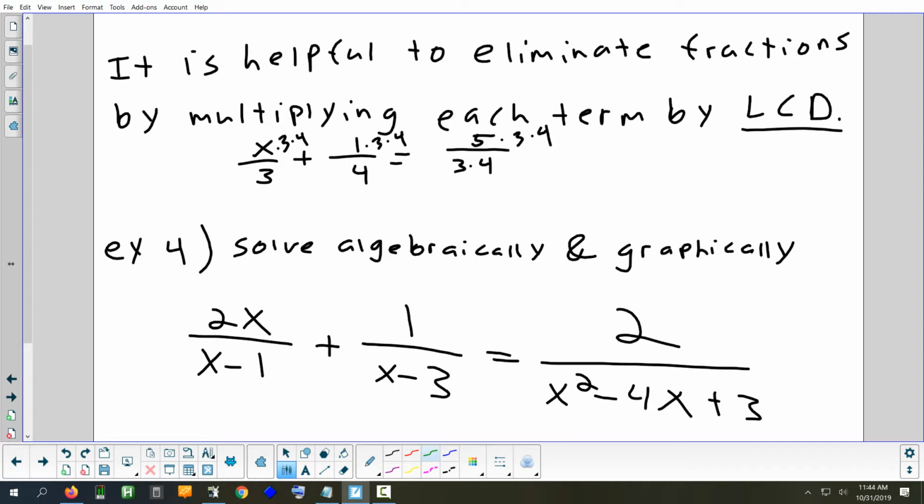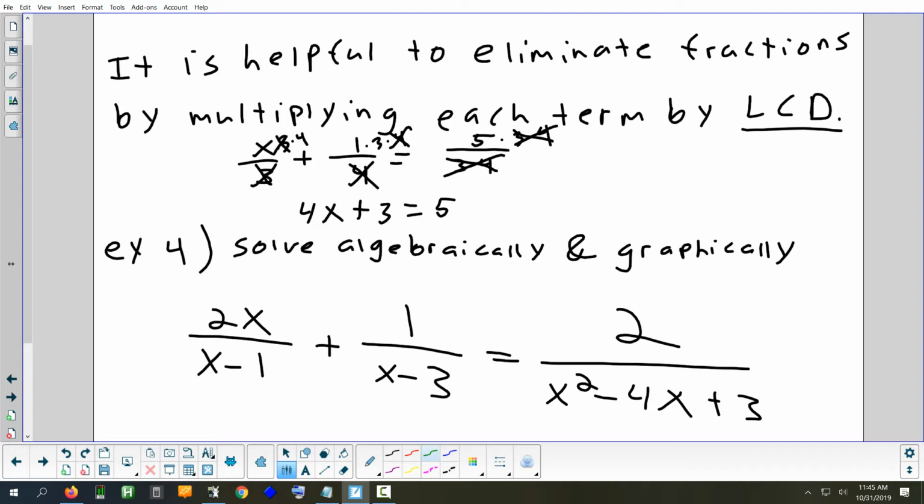The 3's. Gone. What cancels in the second fraction? The 4's. Gone. What cancels in the third fraction? 3 and 4. So now all you're left with is 4 times x plus 1 times 3 equals 5. To me, that's an easier equation to solve than the original one, because I don't have any fractions.